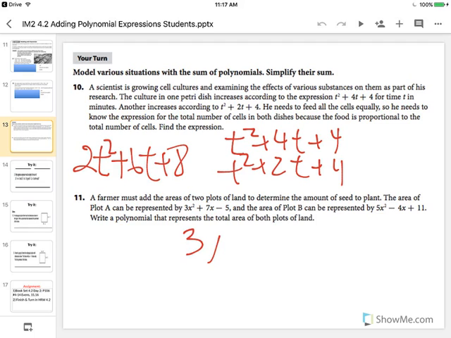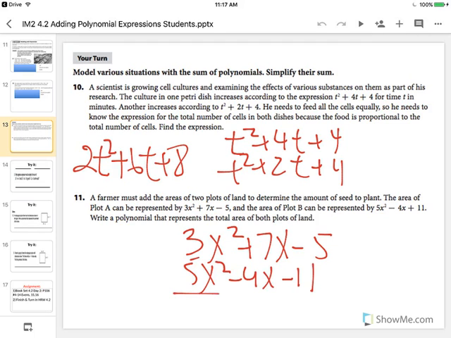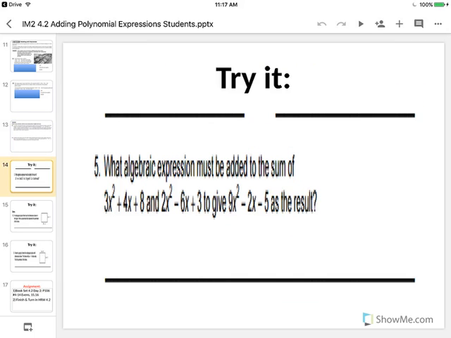Make sure that when you do this, it's always in standard form, and then combine like terms. This gives us 8x squared plus 3x plus 6.